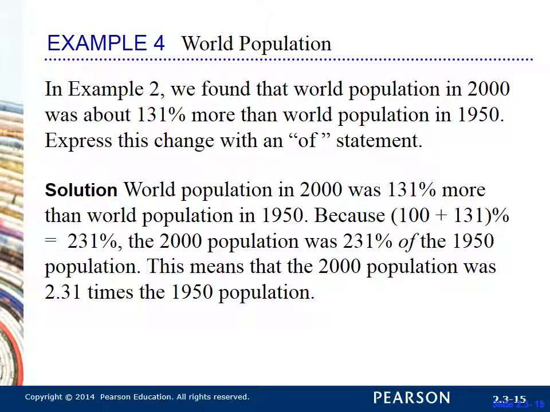Again, this is a new book, and I will tell you that right up. They use some phrases that are a little different than I'm used to. All right, so just want to make sure I've got my right number here. They call it the reference value. Okay, so we do 231% of that reference value of 1950. So if I put that all together, that means the 2000 population was 2.31 times that 1950 population.